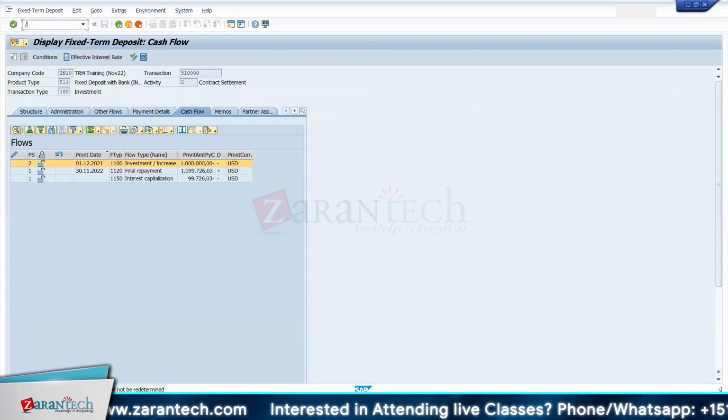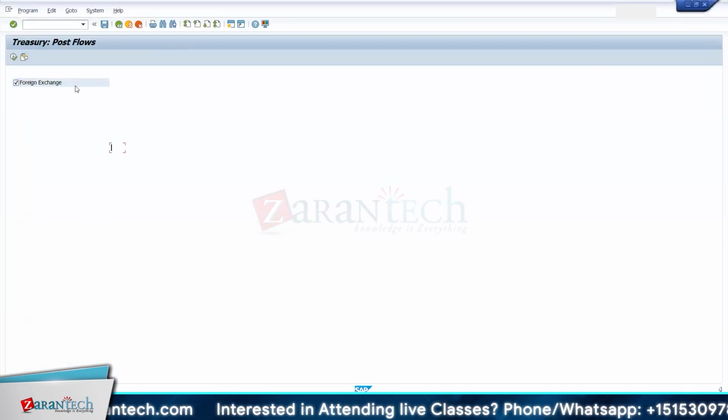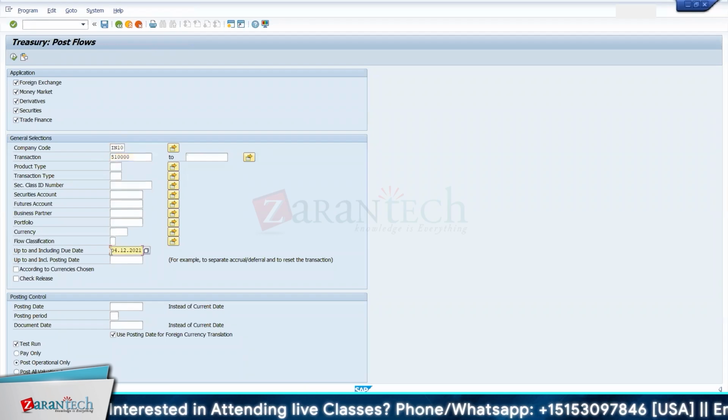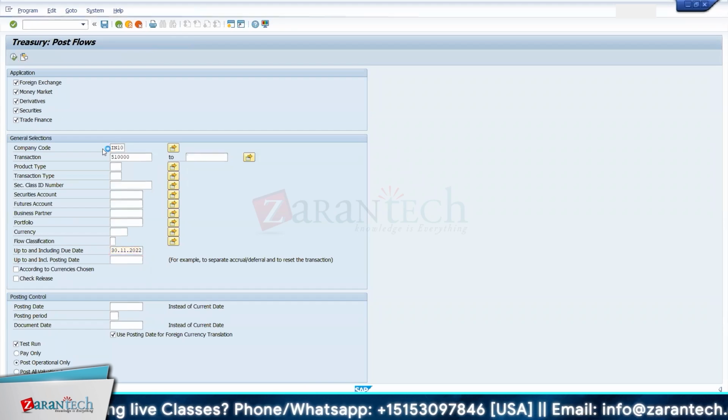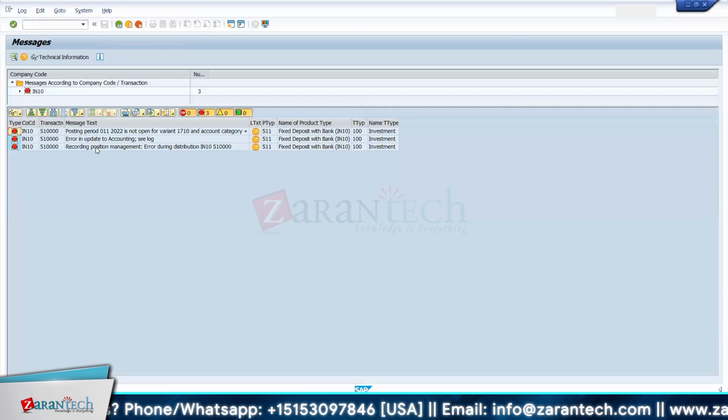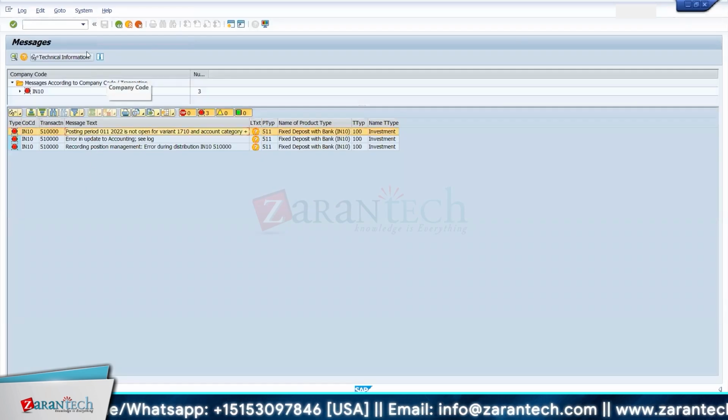Suppose I do this TBP1 transaction as on 30th 11/2022, currently I will get one error here. What is the error? It will show that the posting period is not open.